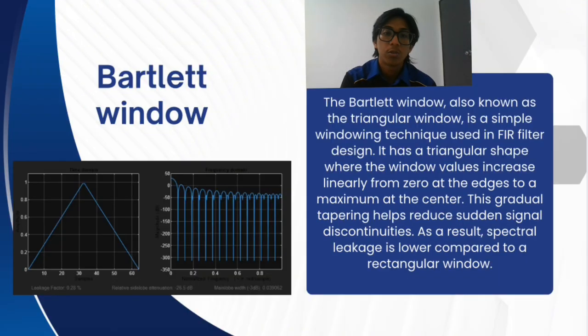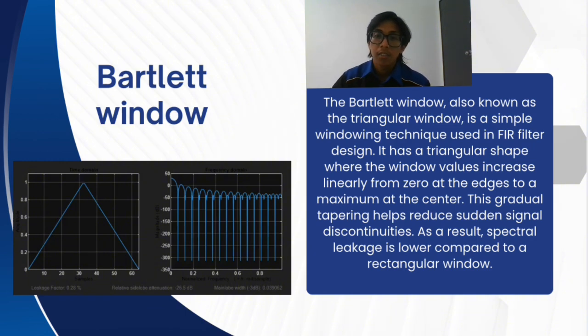Next, we go through the second filter that we chose. The second window that we chose is the Bartlett window. The Bartlett window, as the graph shows, is a triangle, and is also known as the triangular window, which is a simple window technique used in FIR filter design.